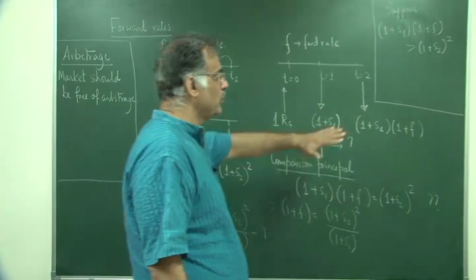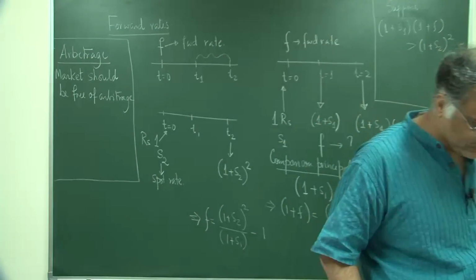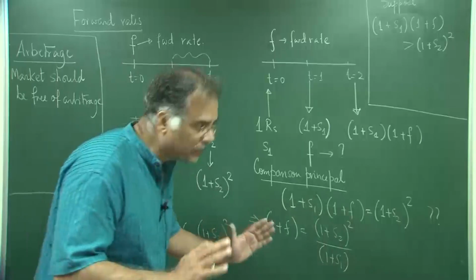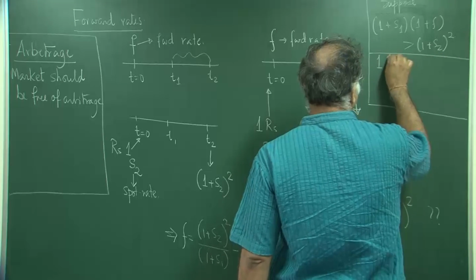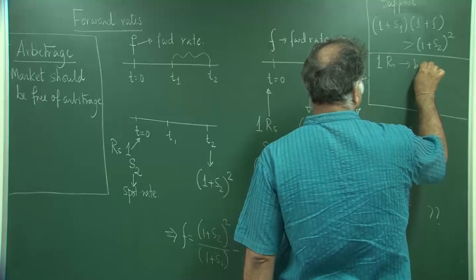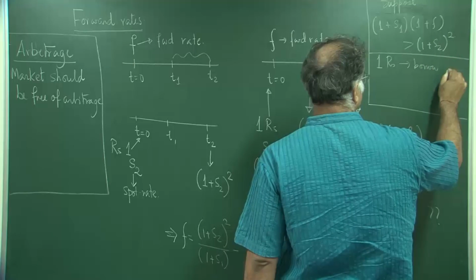Okay, let us argue for this particular case. What I do is the following: I borrow 1 rupee from a bank for 2 years at spot rate S2.